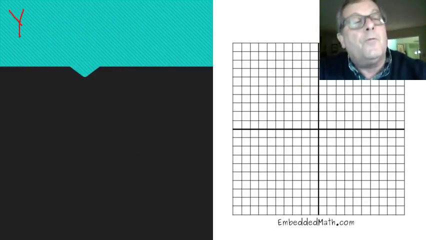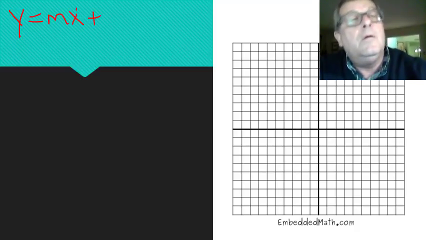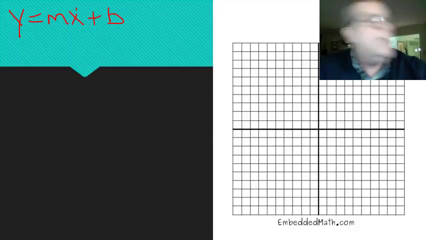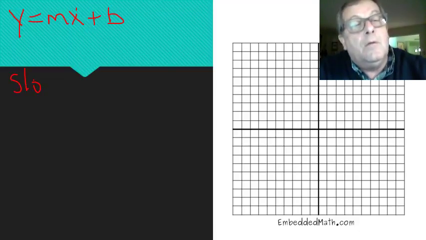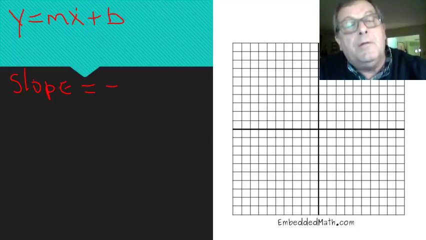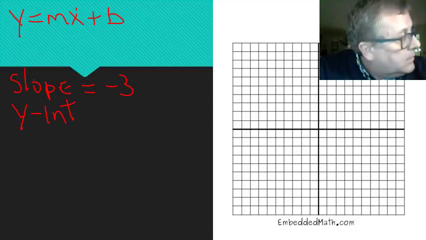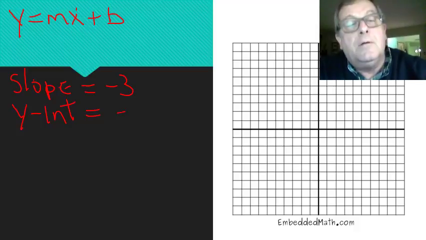Let's keep our little equation up here, y equals mx plus b. Okay, so this time we are given that the slope equals -3, and the y-intercept is -8.